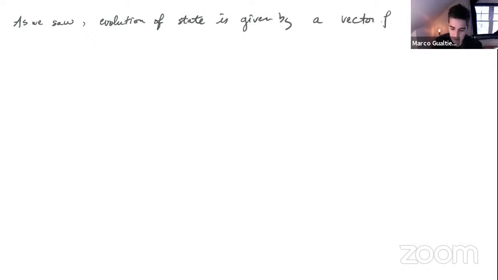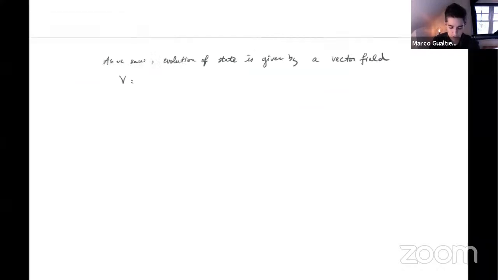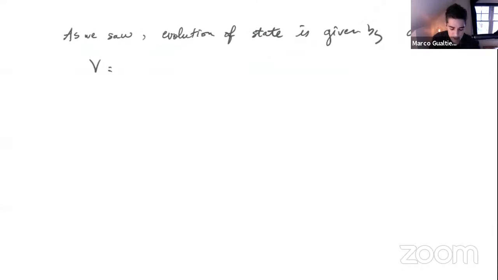So, all right. So as we saw, the evolution of the state is given by a vector field v, which I could write in this way, in terms of the basis vectors, it would look like this.